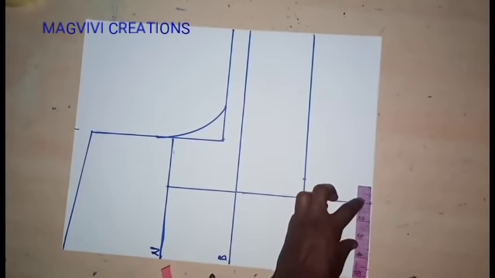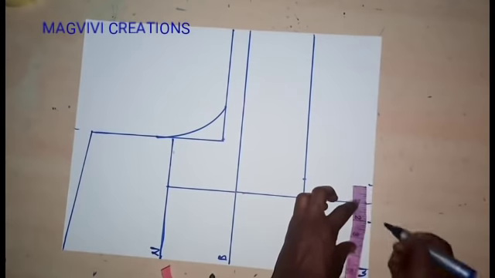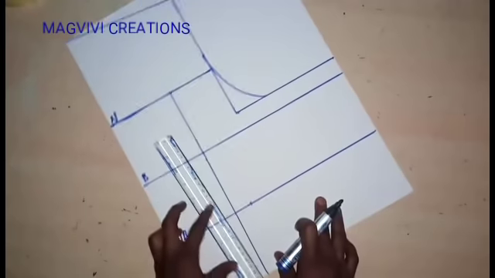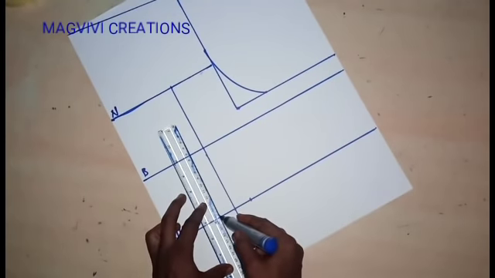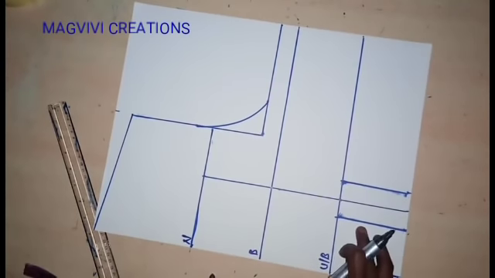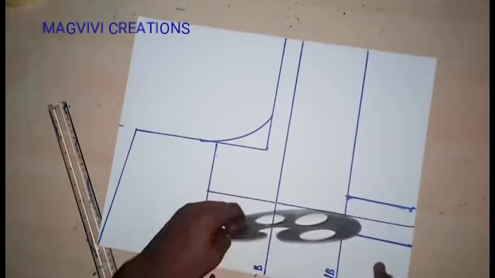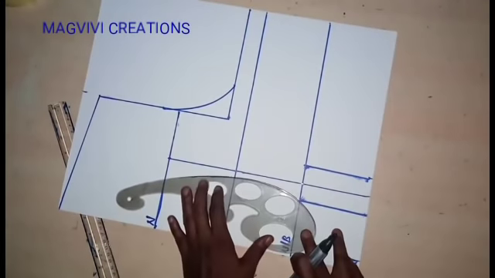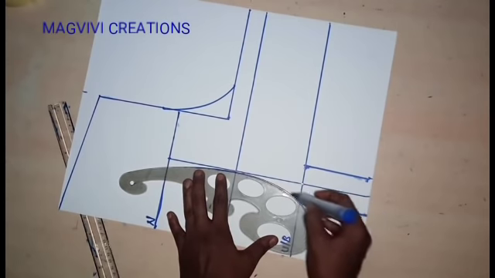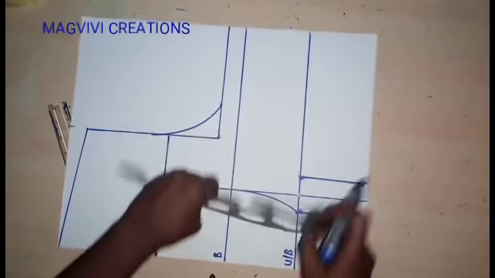So also mark it at this lower side, that is the top length. Then you connect like so. Okay, so by the time you have done this, you now connect to the bust point. You connect it like so to the bust point, and you also connect this side.